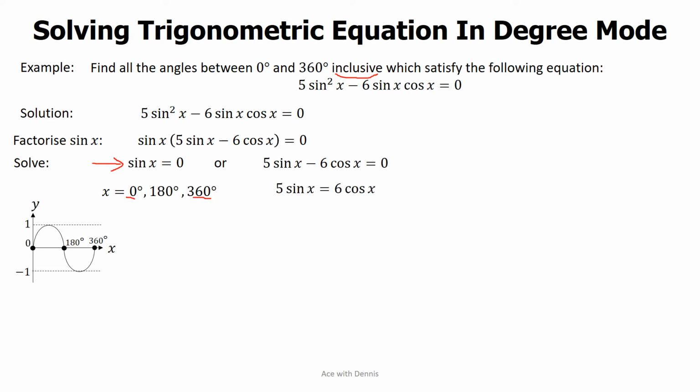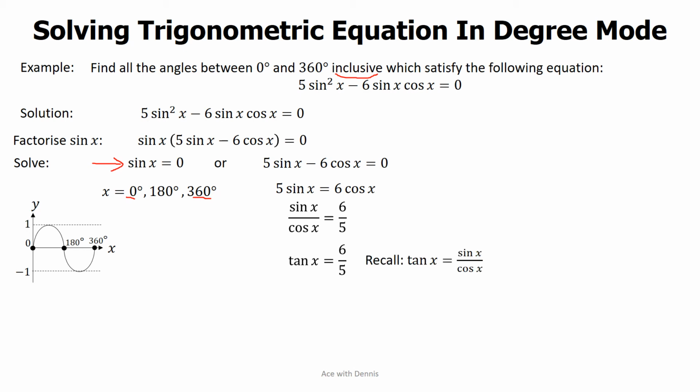Now we move on to solve the second equation, right? So 5 sine x minus 6 cosine x equal to 0. So it will be 5 sine x equals 6 cosine x. Then we put the trigo at left hand side, the constant at right hand side. It becomes sine x over cosine x equals 6 over 5. Alright, so sine x over cosine x is tangent x equals 6 over 5.